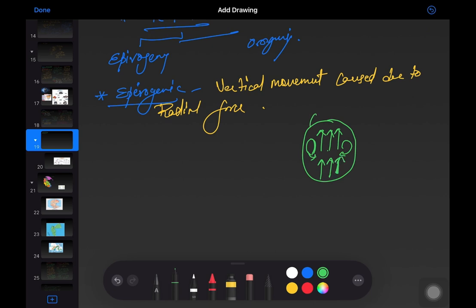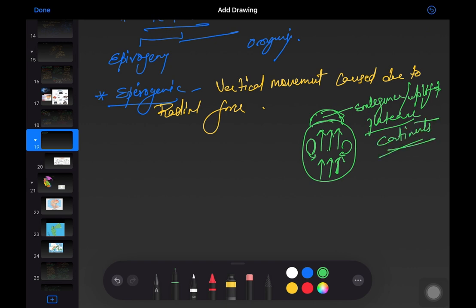Because of this upward radial forces, it resulted into the emergence or uplift, resulted into formation of plateau kind of structure, or continents are formed due to epirogeny. This big elevated portion can form a continent, while when these forces encounter the earth crust and turns inward, this resulted into submergence, or inward radial forces also causes submergence.